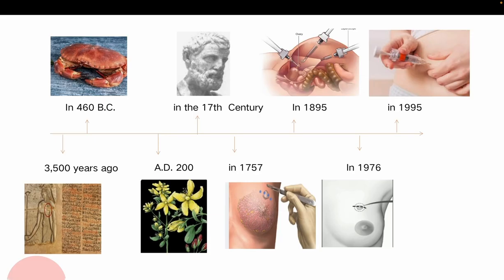In 416 BC, the father of Western medicine, Hippocrates, described breast cancer as a humoral disease. He postulated that the body consists of 4 humors: blood, yellow bile, phlegm, and black bile. He suggested that cancer was caused by an excess of black bile.